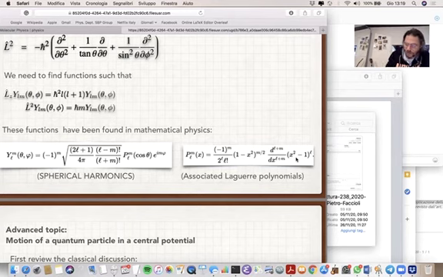So let's take one more example. For L equal 1, m can be 1, 0, and minus 1. So to be specific, take L equal 1, m equal 1.